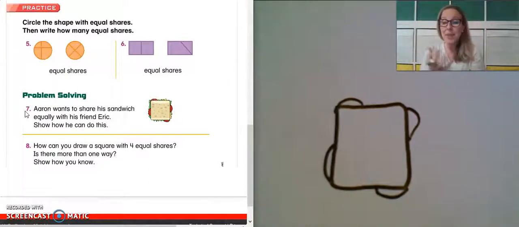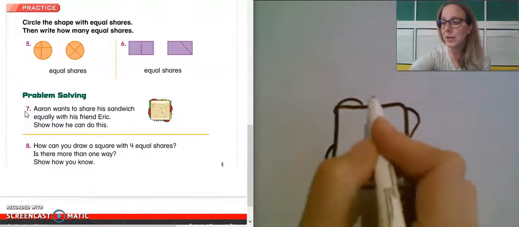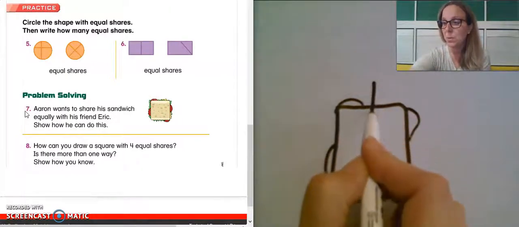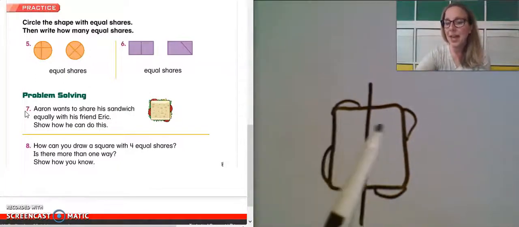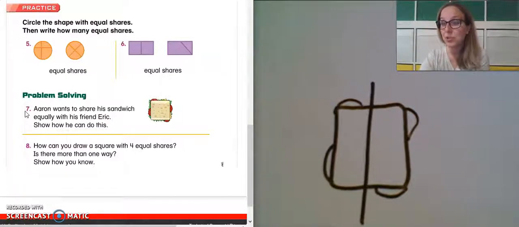And we want them each to have the same size and shape. So there's a couple ways that we could do that. One way would be we could cut it right down the middle like this, and then they would each have half of the sandwich or an equal share.